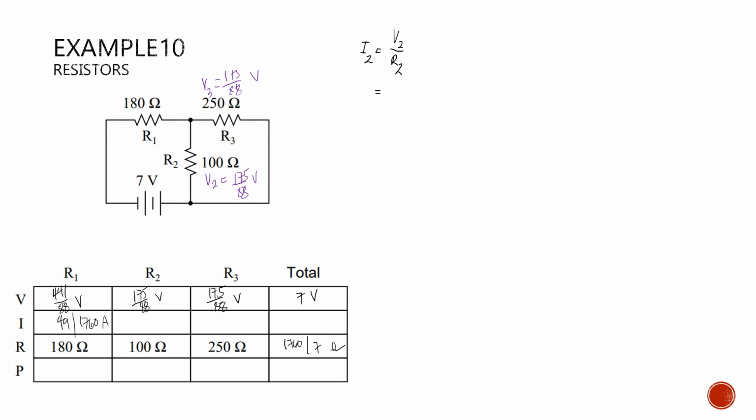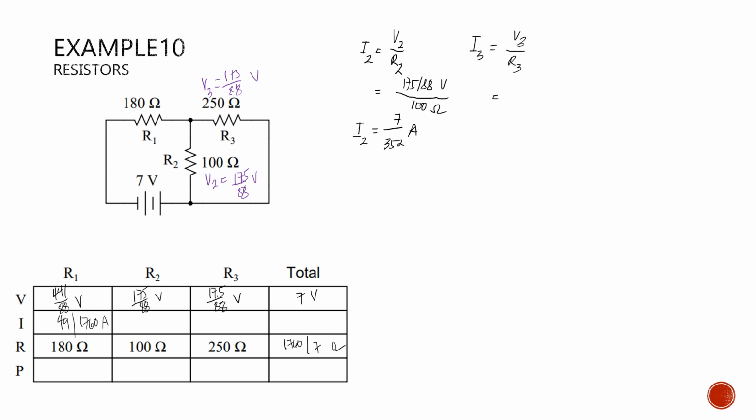V2 is 175 over 88 volts and R2 is 100 ohms. So we get 7 over 352 amperes. And also for I3, that's V3 over R3.